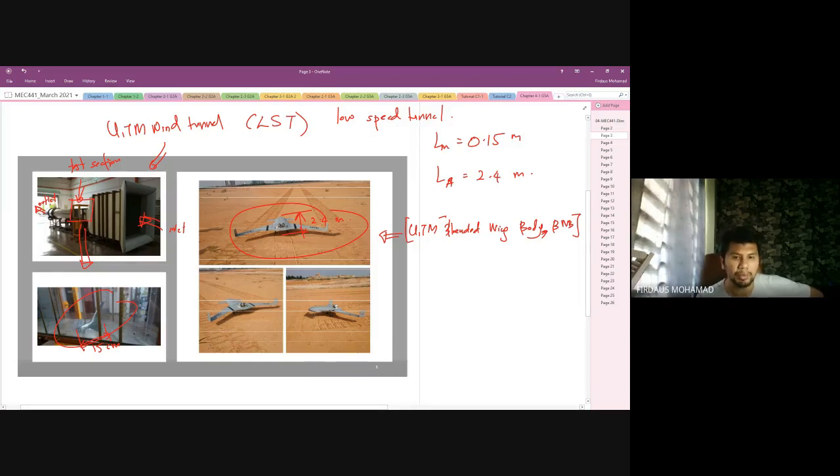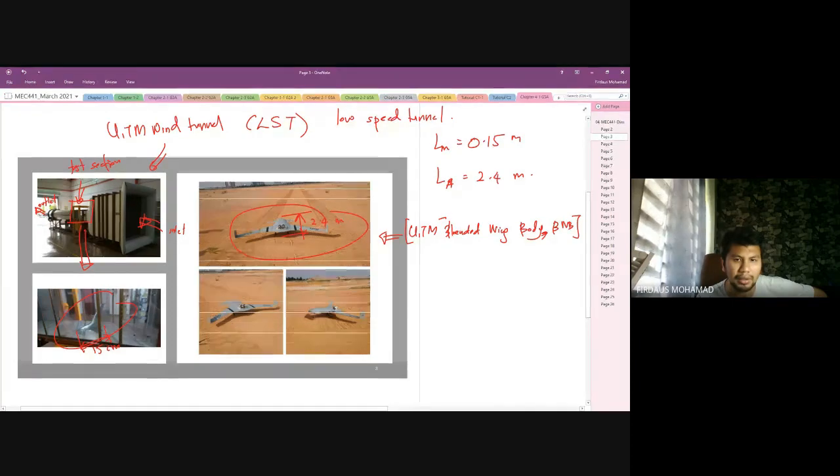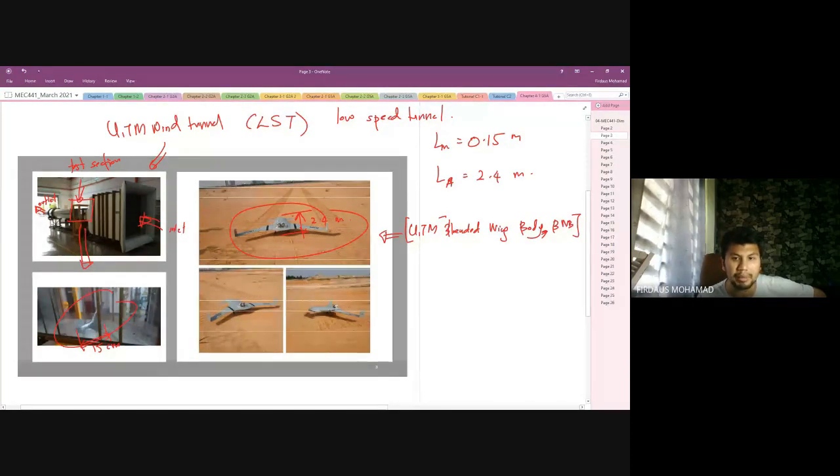Okay, so blended wing body ni maksudnya dia blended antara wing dengan body. Dia tak sama macam conventional aircraft yang kita selalu tengok. Dia tak blended antara body dengan wing, dia macam just attached to the body.